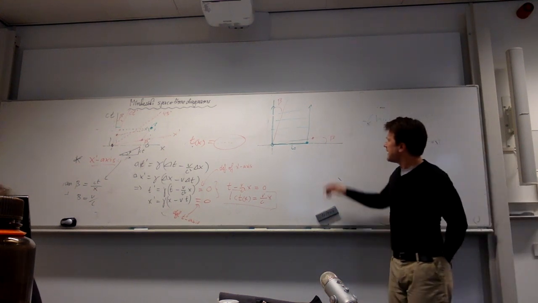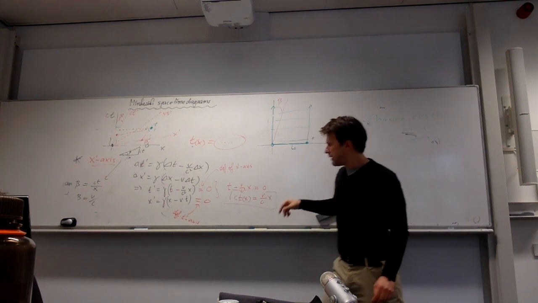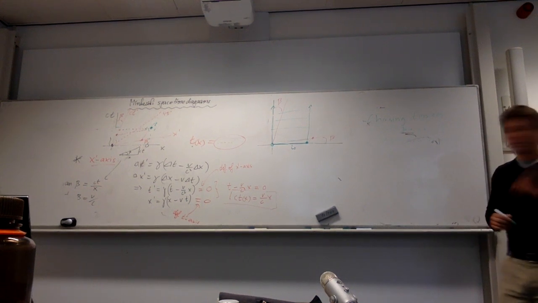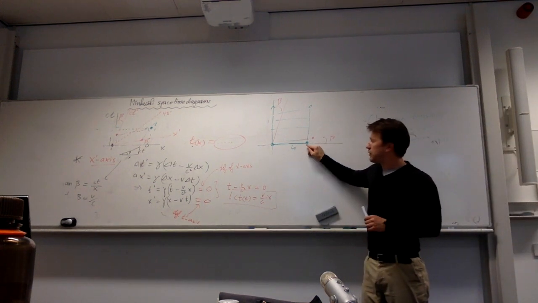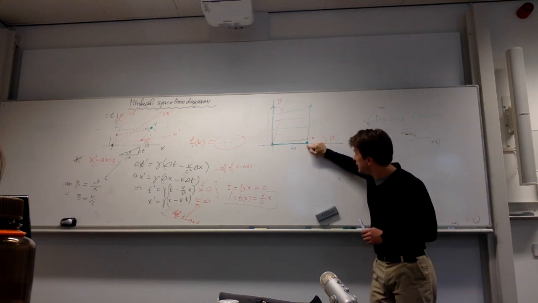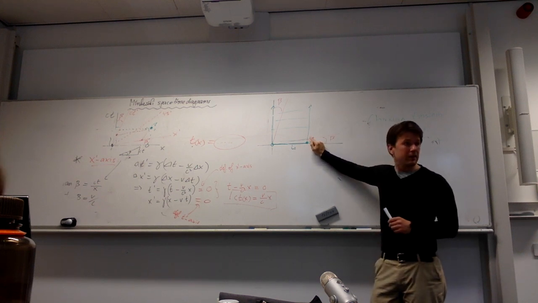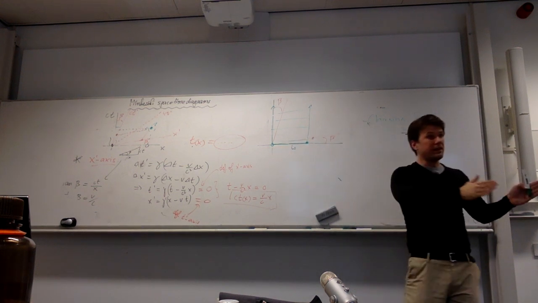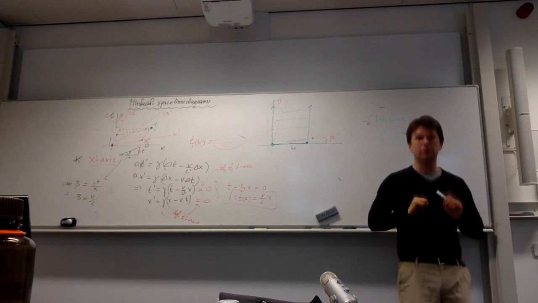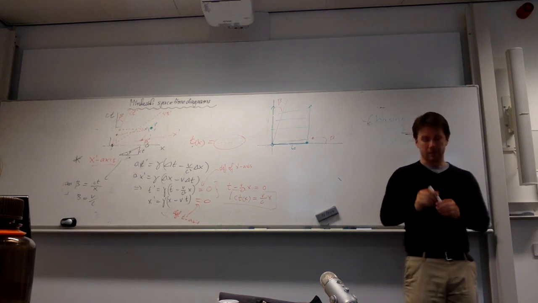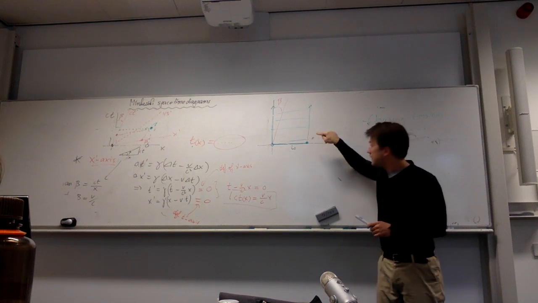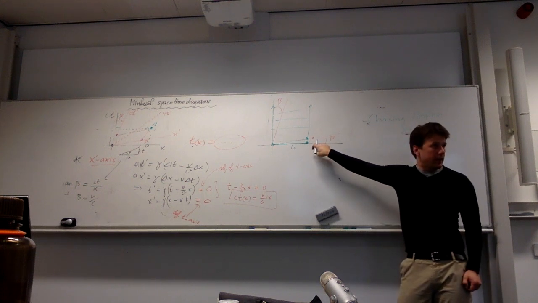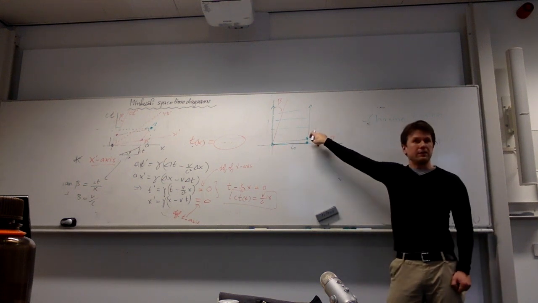So what the guy in the red system has to do is wait for this side of the stick to hit his x prime axis, because at that moment, the measurement of front end and back end for him happen at the same location, and then he's doing a correct measurement. So for the x prime system, it's not these two events that tell you the length of the stick, it's these two events.